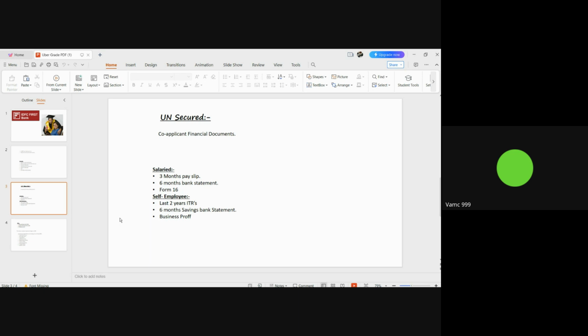For example, if a person is working and doesn't have pay slips, getting salary in cash, in those scenarios we take a salary certificate. On the letterhead, they have to write how much salary they are giving and since how many years or months the employee has been working in their organization, with a proper stamp and signature. We consider it as a pay slip.